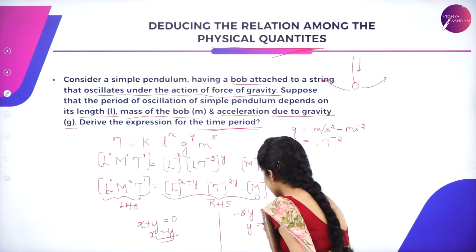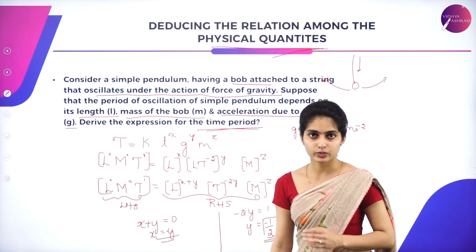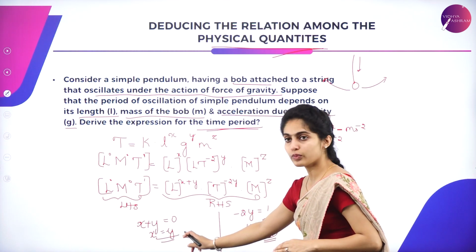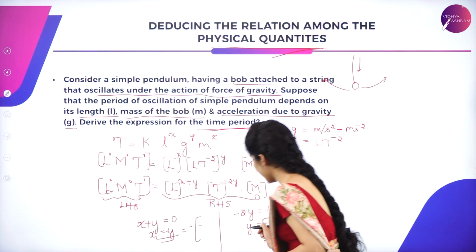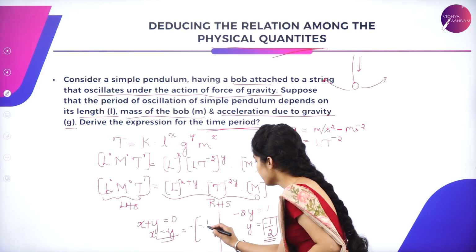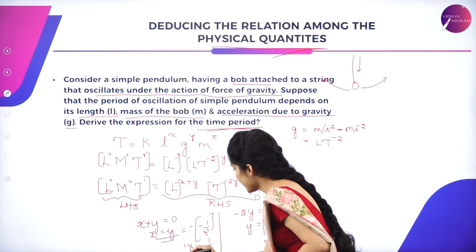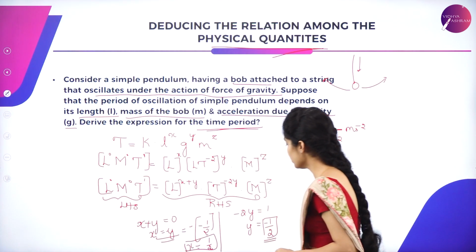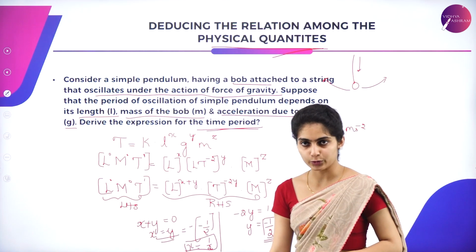So y is equal to minus 1 by 2. So y value is minus 1 by 2. So here you have got minus y, so it is minus of minus y value, that is 1 by 2. So it is plus 1 by 2. So you have got x as plus 1 by 2 whereas y as minus 1 by 2.